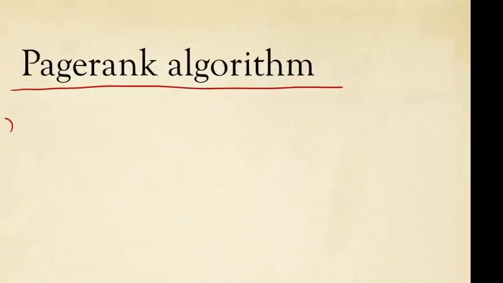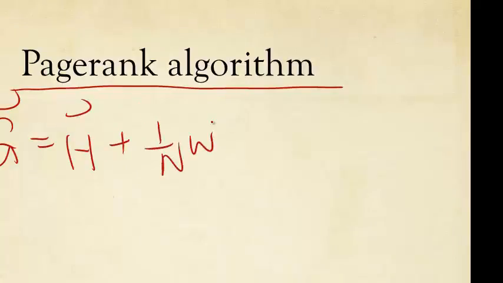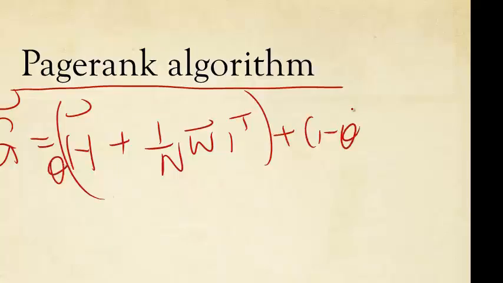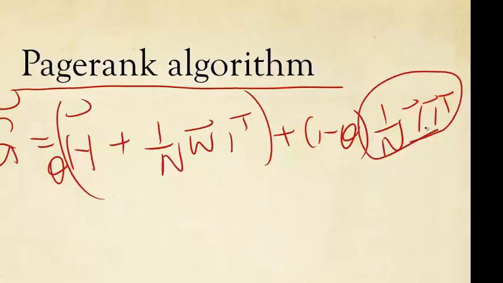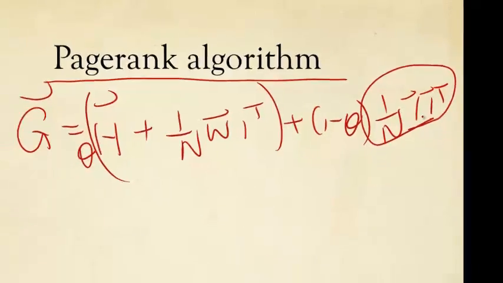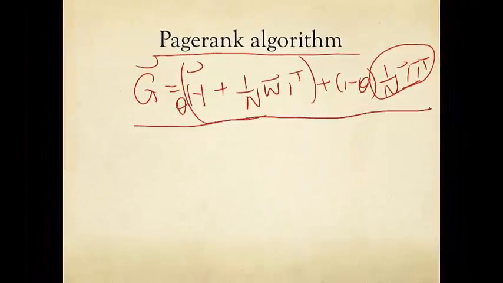It says that given this matrix G, which is H plus 1 over n times w vector outer product with one vector, the whole thing theta percent of the time, plus 1 minus theta, the other percentage of the time, is multiplying by this randomization vector, giving you an outer product matrix of all ones. You define G as such, and then you're going to iterate.